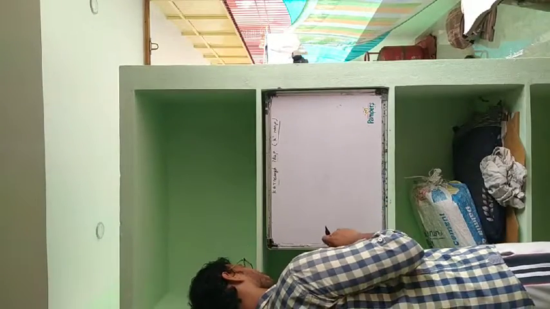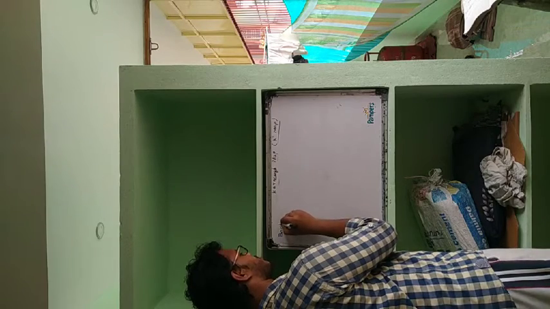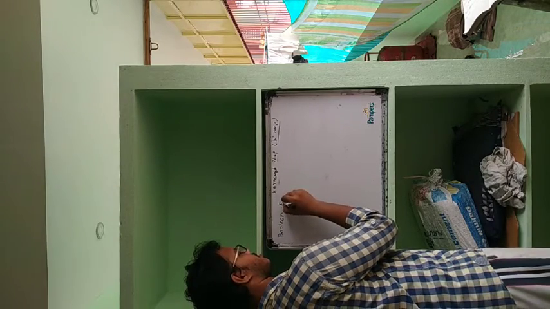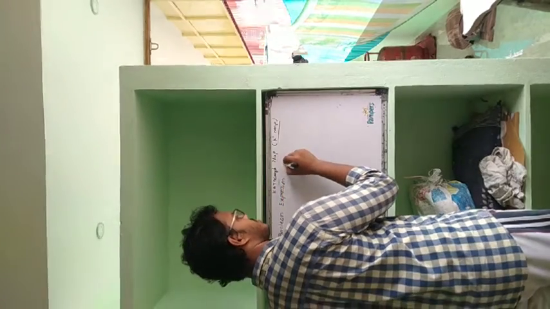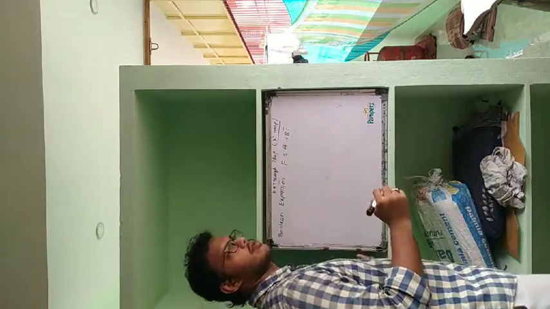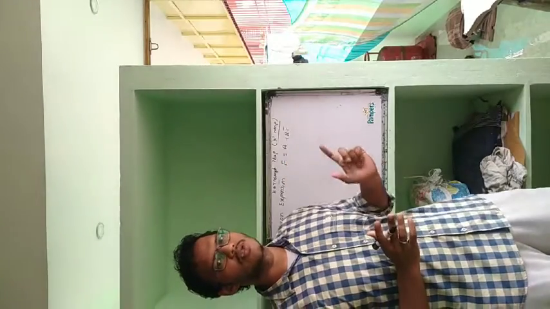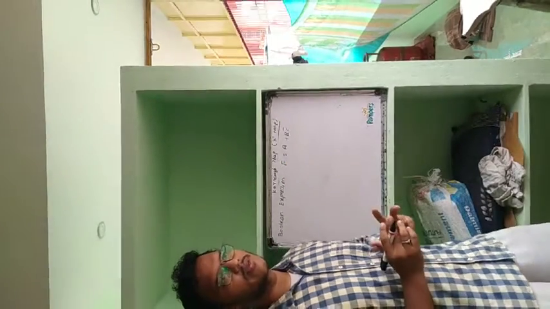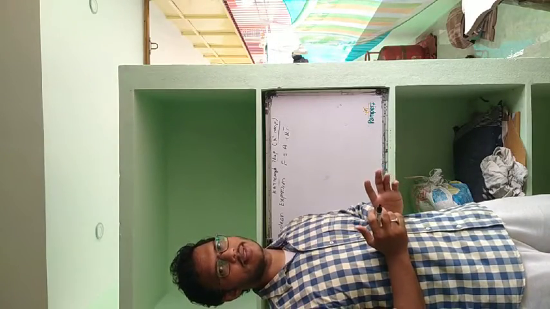We have a Boolean expression like this: F is equal to A plus B C bar. What I'm trying to say is that K-maps are used to solve Boolean expressions in an easy way. So no need to remember all the formulas.